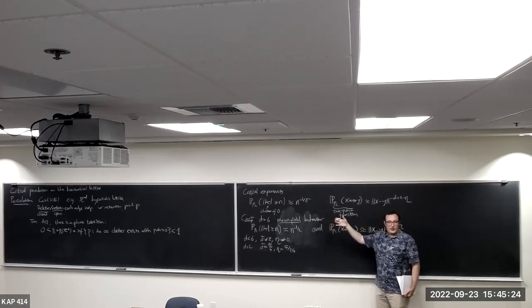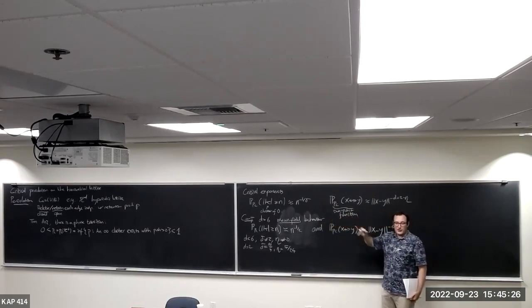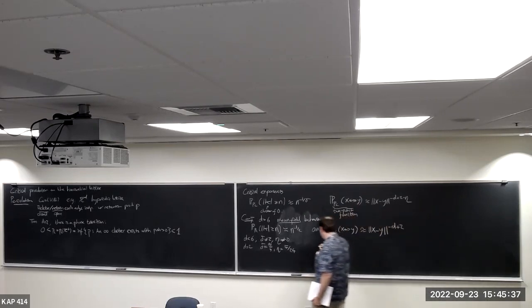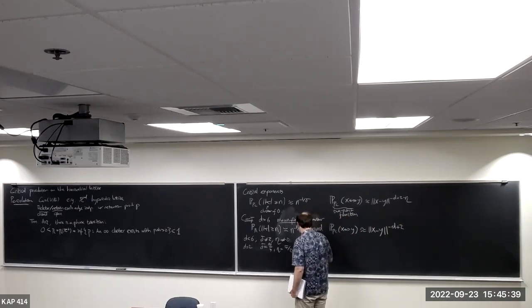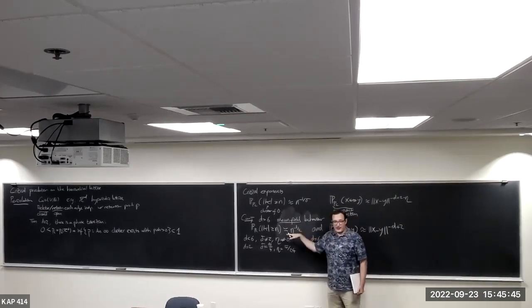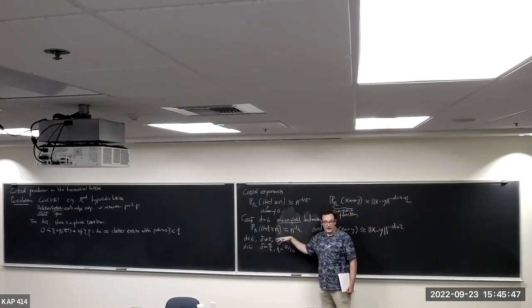But the general story that you have an upper critical dimension above which you have mean field behavior, and then it changes, happens for lots and lots of models in statistical mechanics. So at d equals 6, what you expect to happen is that this mean field scaling does not quite hold, but it only differs from mean field scaling by logarithmic factors.